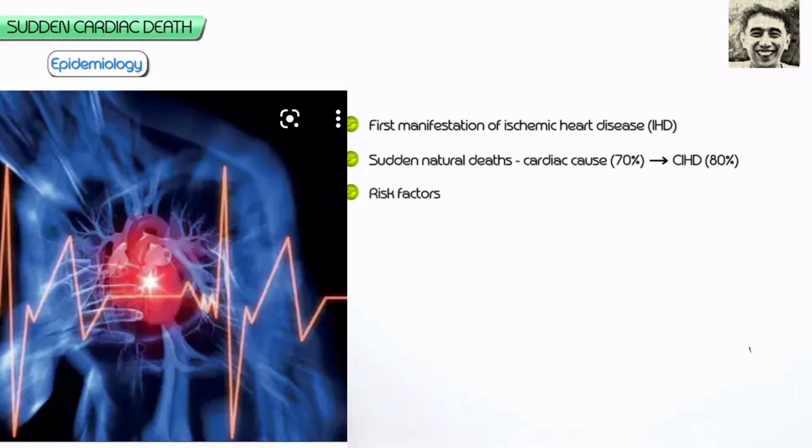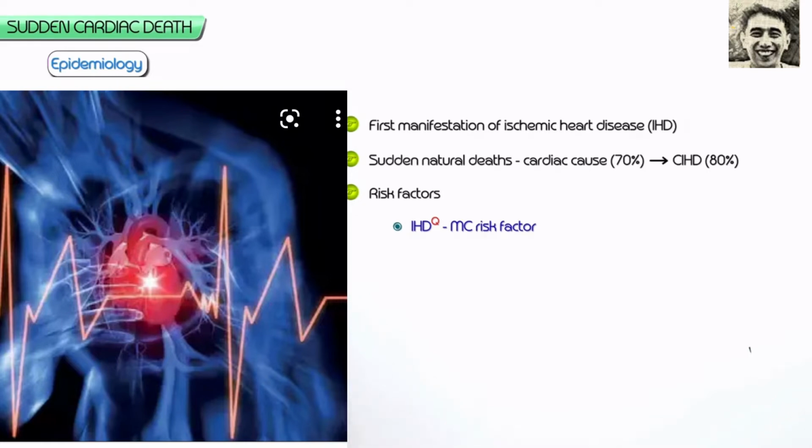And what are the risk factors? Ischemic heart disease is considered to be the most common and the most important risk factor for sudden cardiac death, and this is an MCQ question. Other factors are considered to be the precipitating factors along with ischemic heart disease.